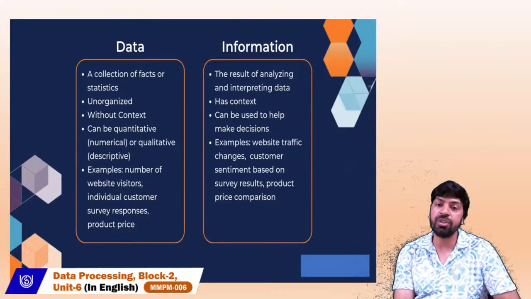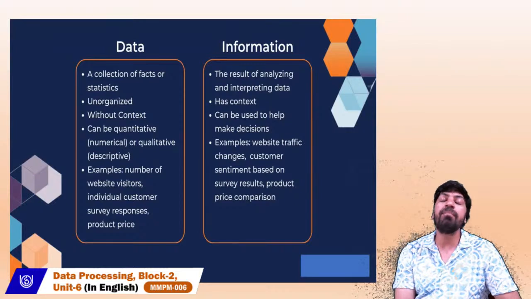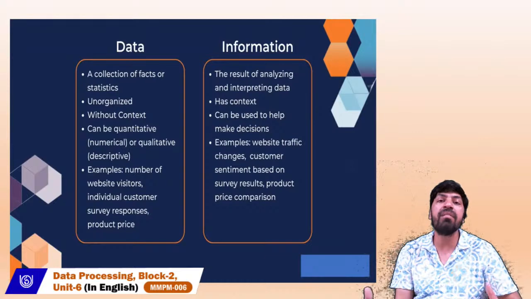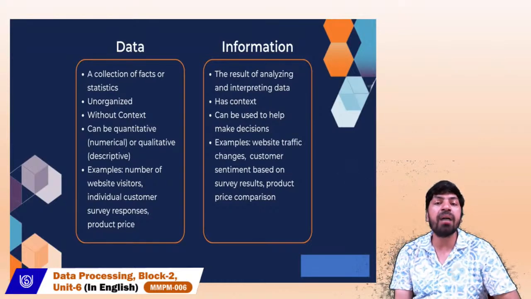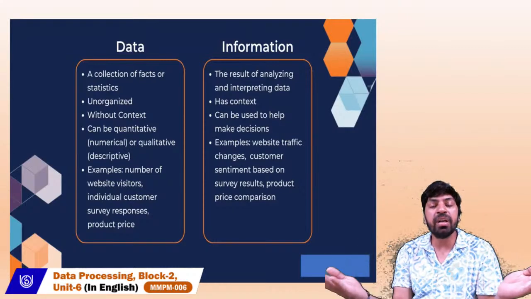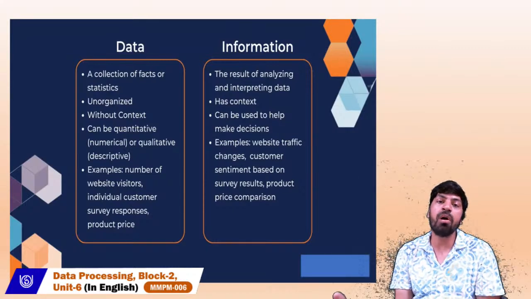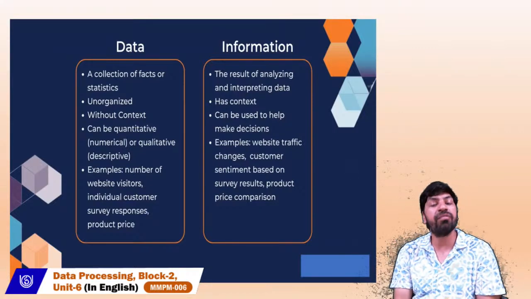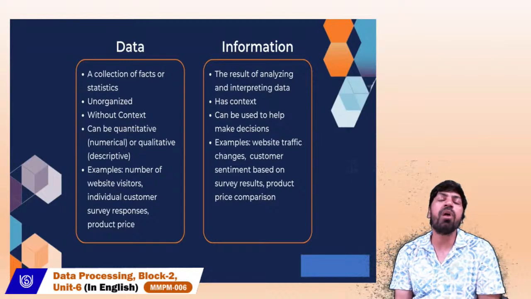That is information. Product price comparison: if a researcher is comparing the price level of one company's product with another company's, the information or description that is written down is exactly what is called information.